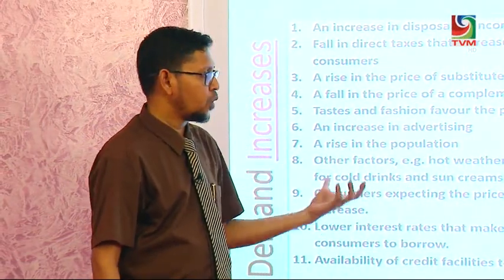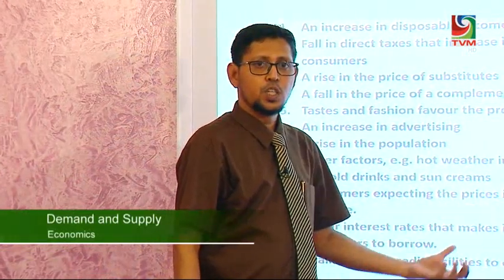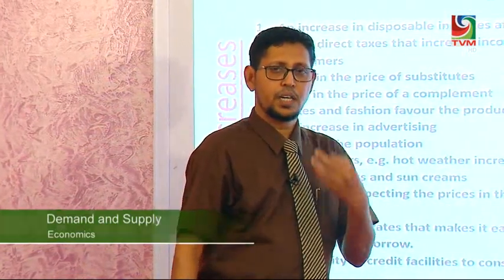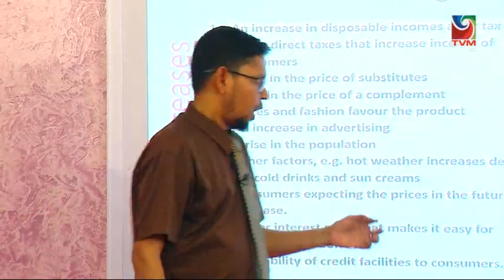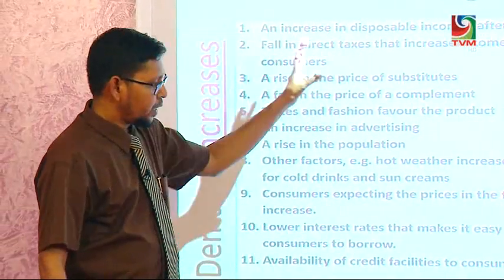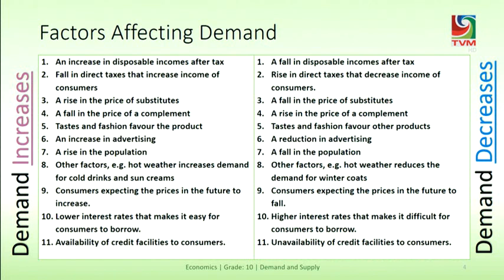Without knowing these factors, you would not understand what happens to demand and supply. So these are very, very important. You can have this written on your paper and use it as a reference to answer the questions.